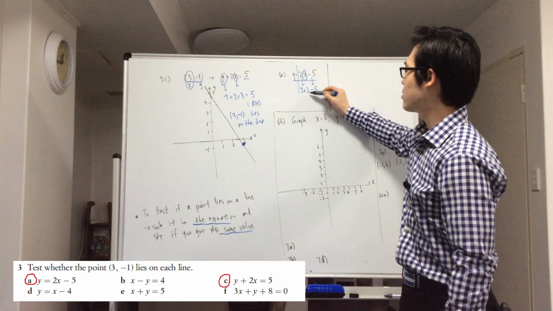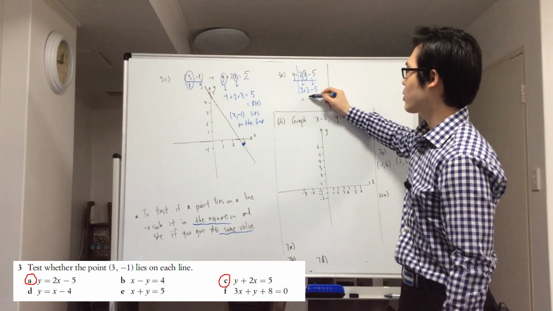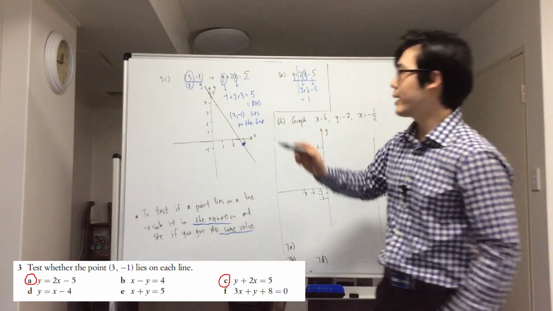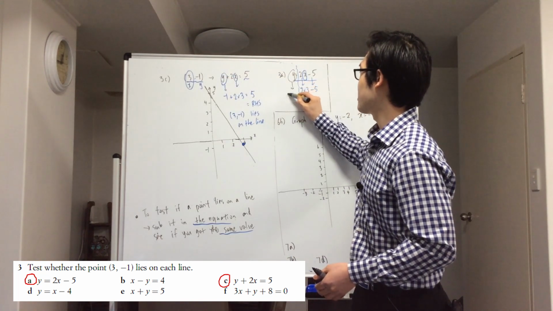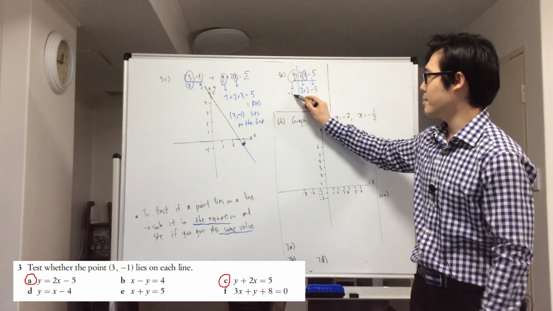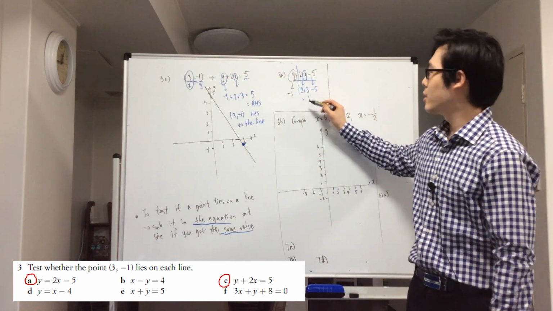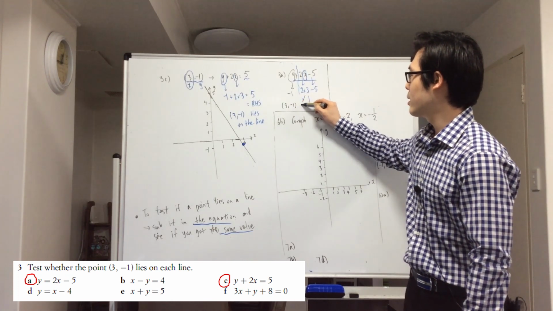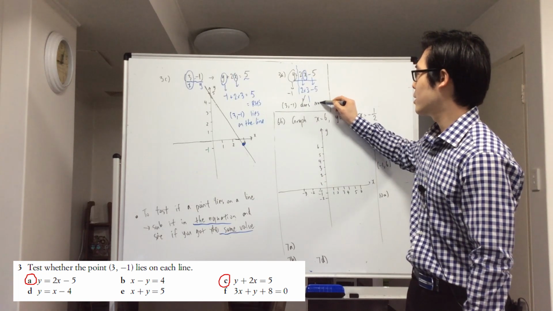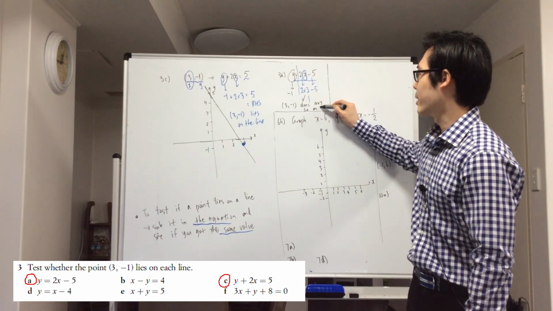So that's 6 minus 5, which is equal to 1. But what's my y coordinate from the point? It's minus 1. So as you can see, minus 1 does not equal 1. So because that's the case, 3 and minus 1 does not lie on the line.